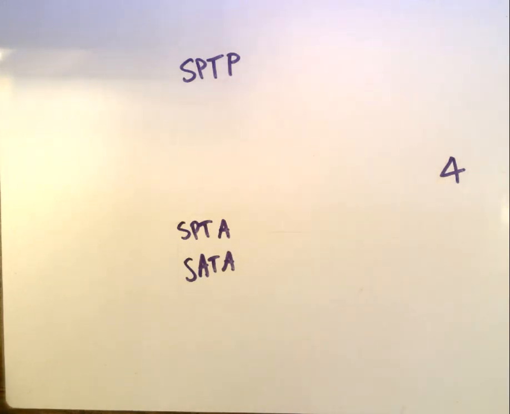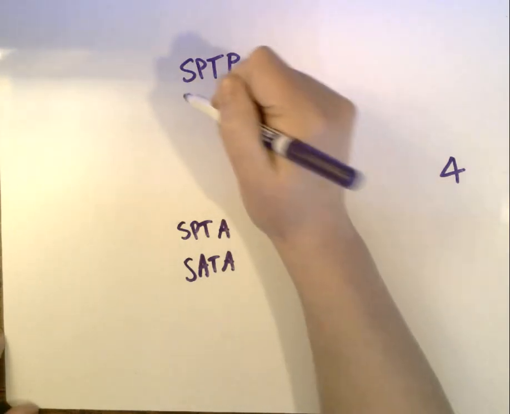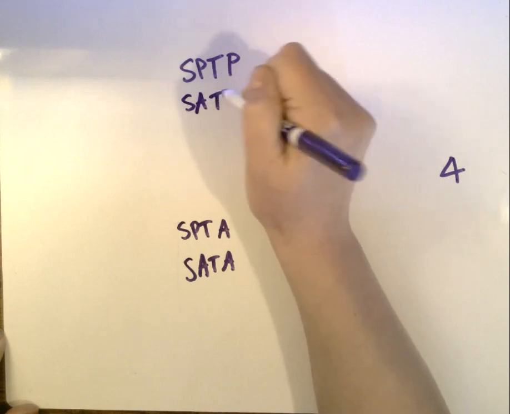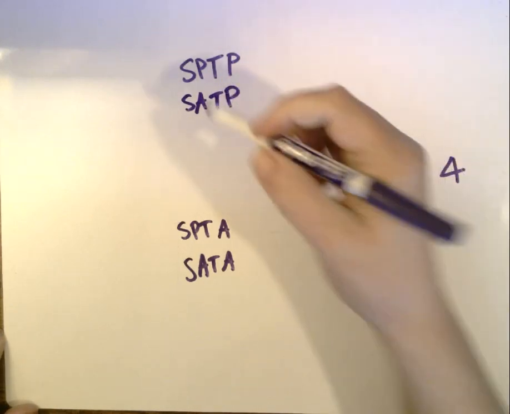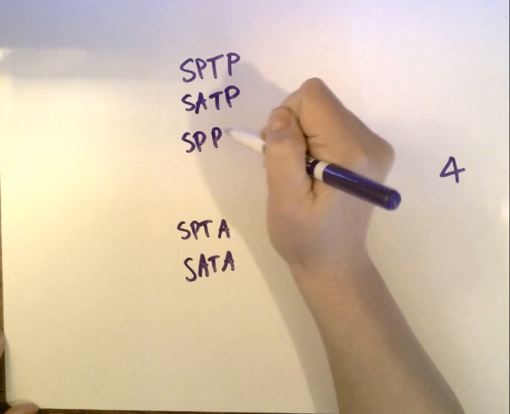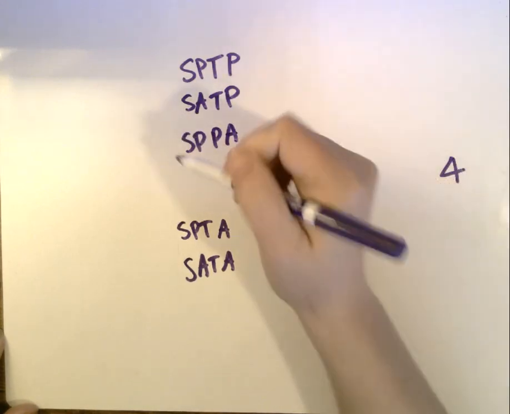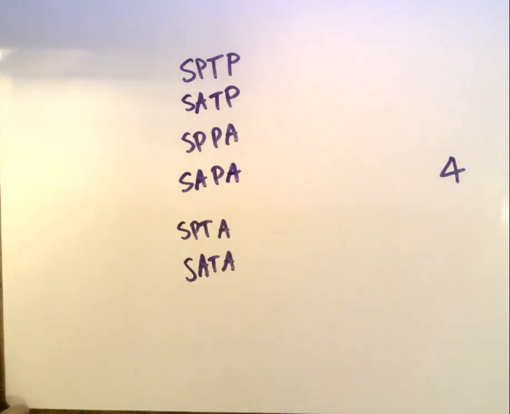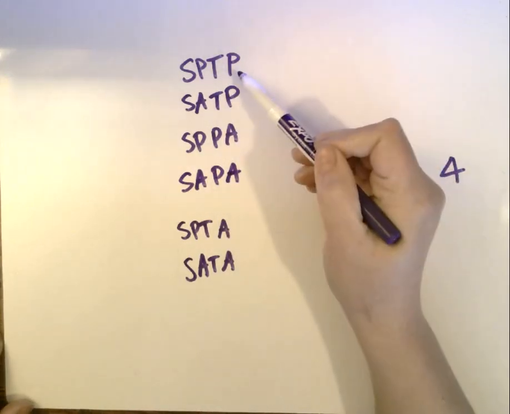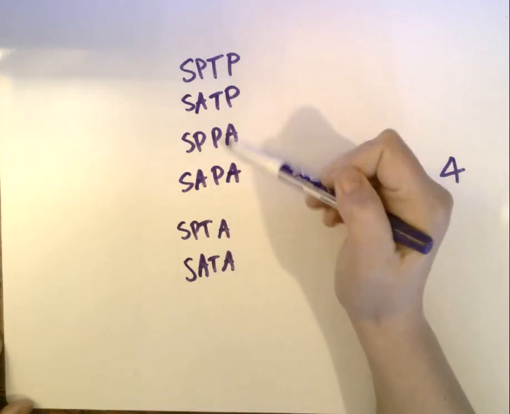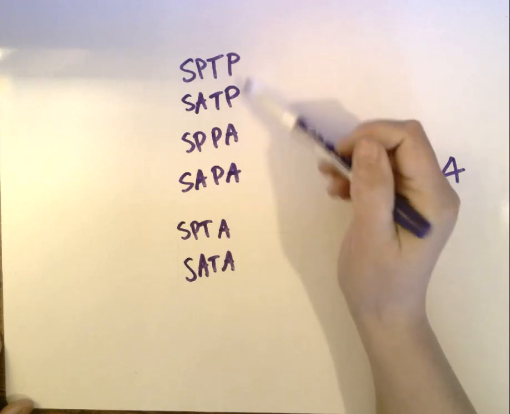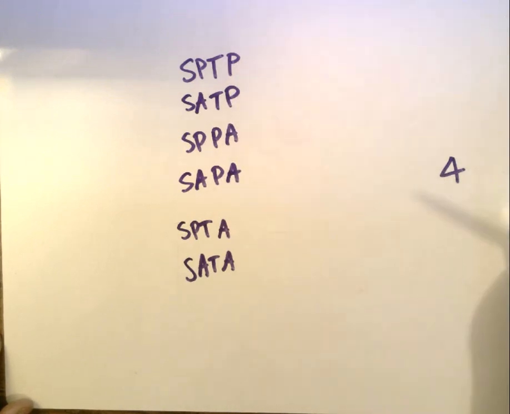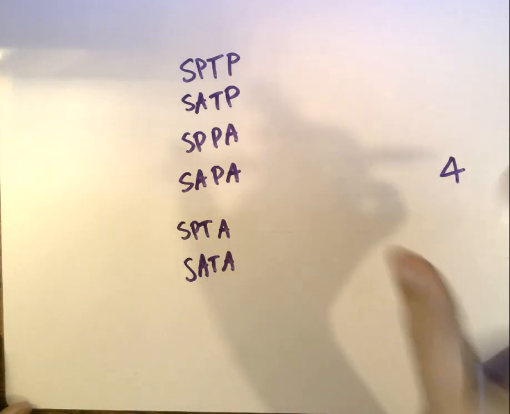But then as far as the other ones go, we have our spatial average temporal peak, and then we have our spatial peak pulse average and our spatial average pulse average. We'll see that the temporal pieces of it have a bigger impact. We talked about that in question number 3 with the temporal average, pulse average, and then just looking at the peak.